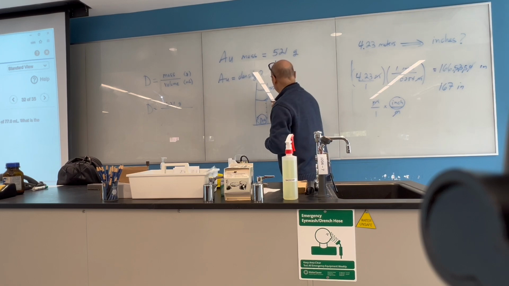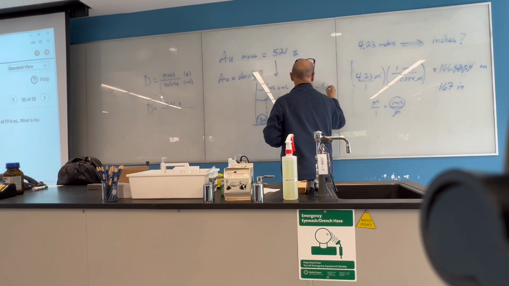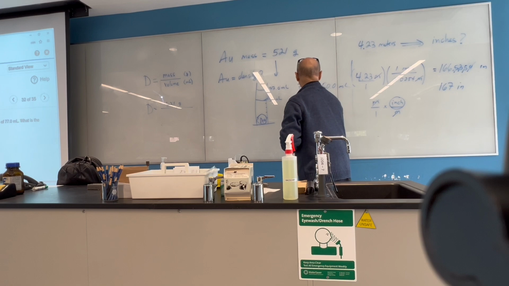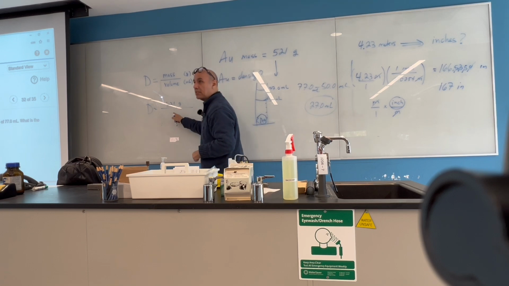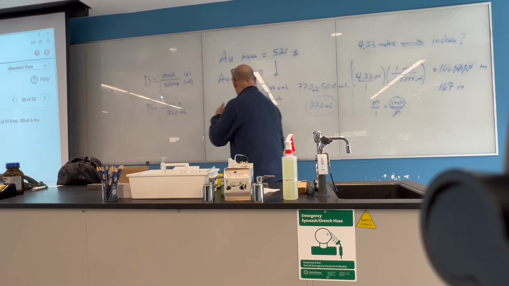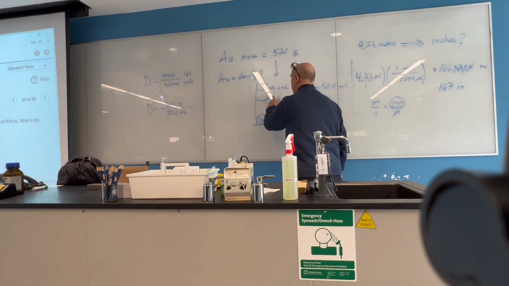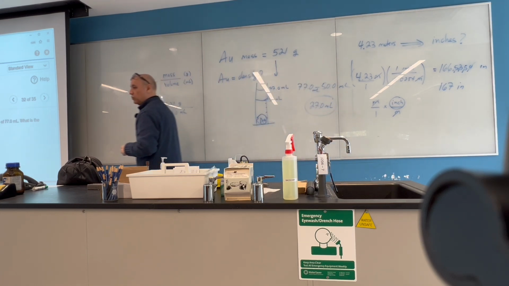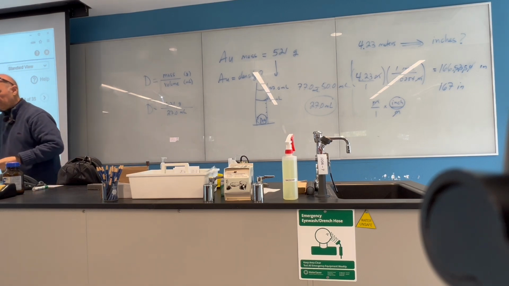So yes, indeed, you subtract 50 from 77, and you get the 27.0 milliliters, which is the volume of that sample of gold. Milliliters because this cylinder mentioned in the problem was in milliliters.